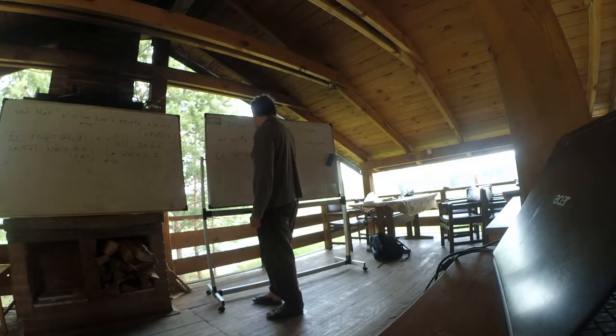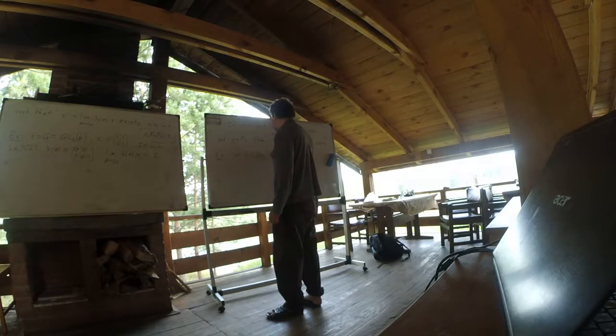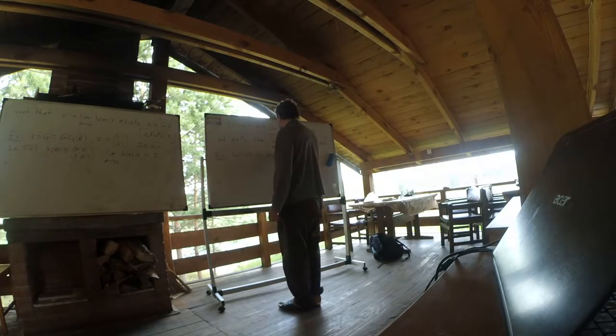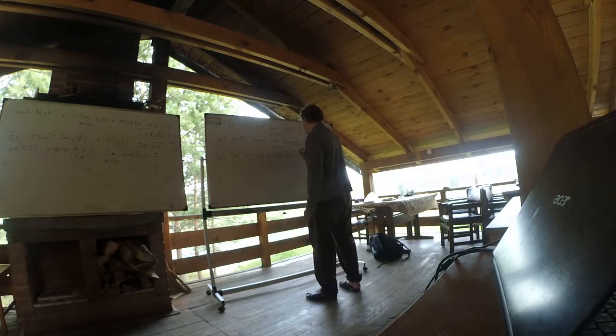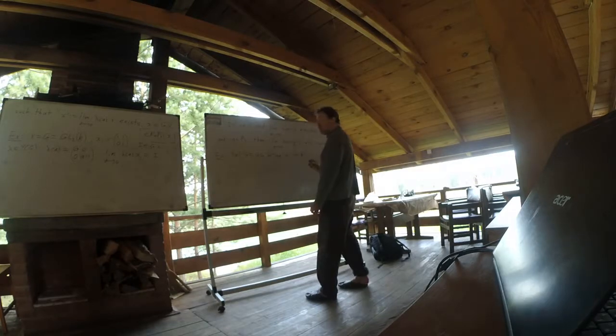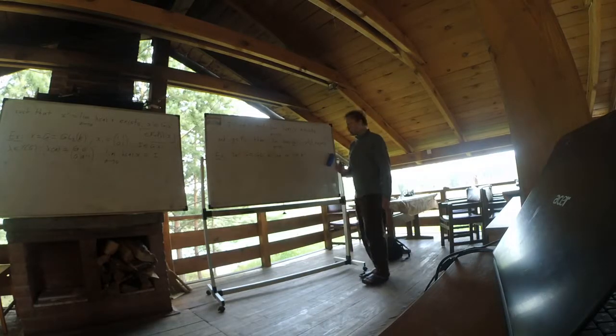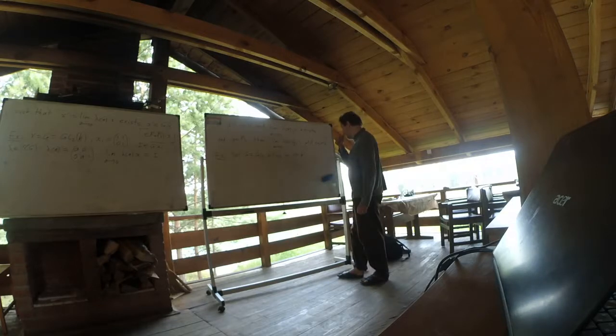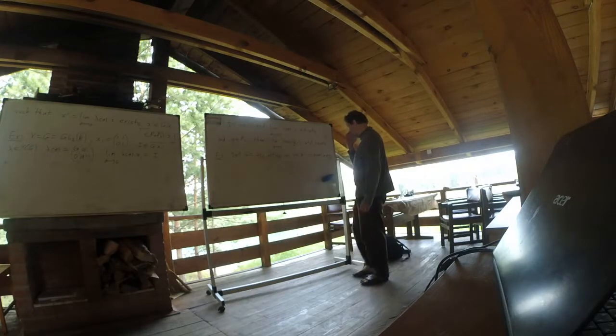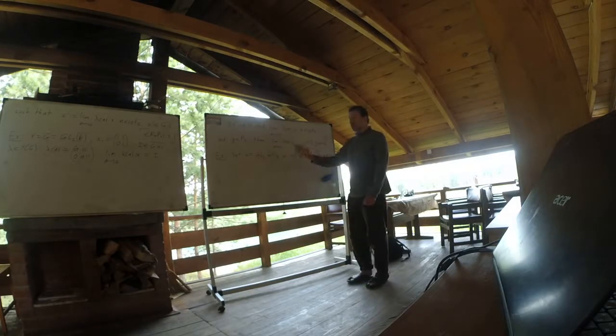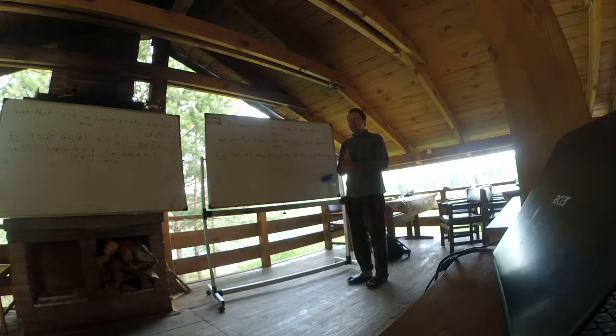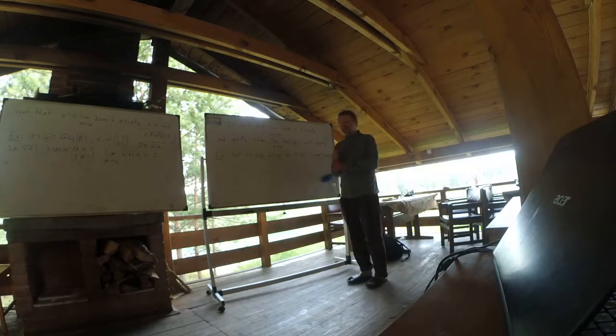Let G equal GL2 acting on k squared, just in the usual way, matrix multiplication of vectors. My convention is I have a square matrix and it's acting on the left on column vectors.